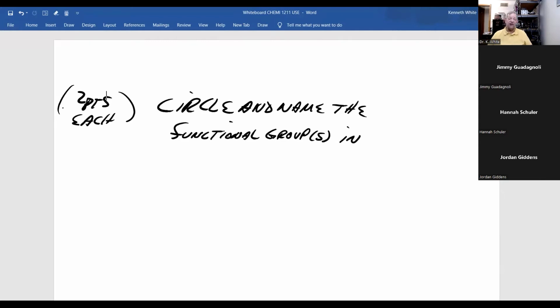And that fun game is circle and name the functional group or groups in the following, 2 points each. And let's have some fun.